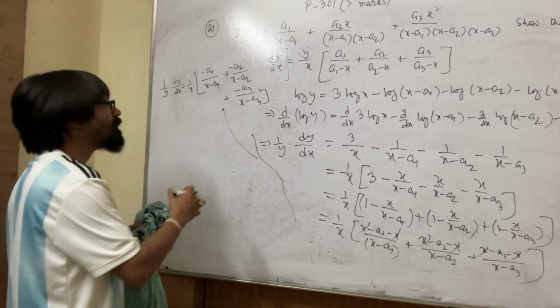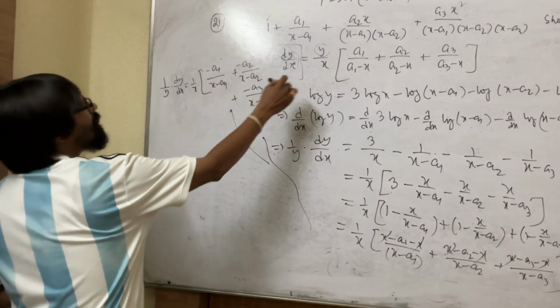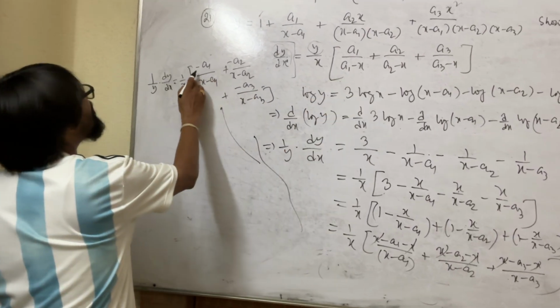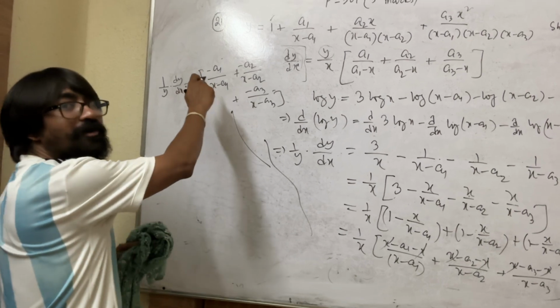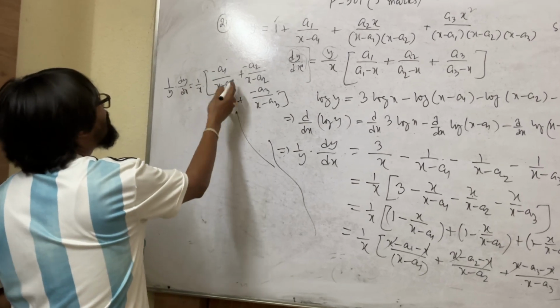As you can see, now I need to get a1 minus x. See, it's very easy. I have this minus in the denominator, so I multiply both the numerator and denominator with minus 1, I get this reversed.